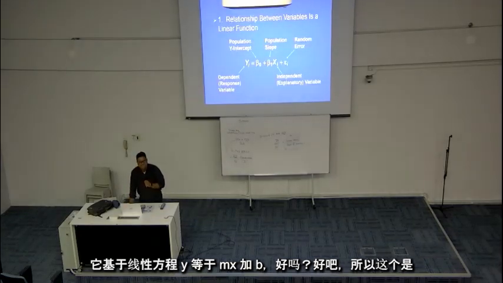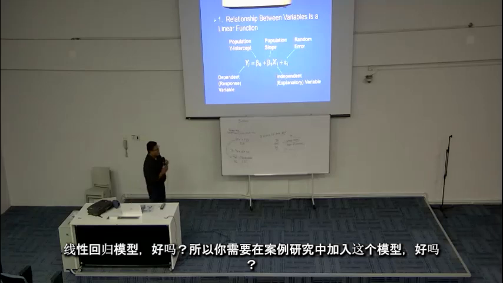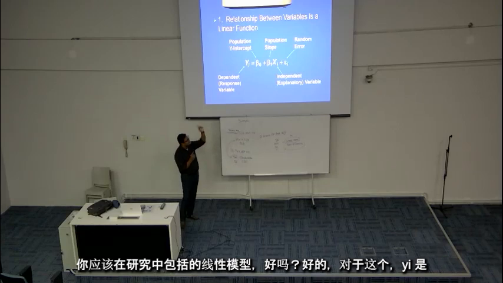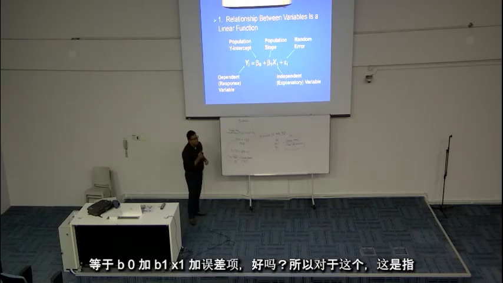So this one is the linear regression model. You need to include the model in your case study. The model for the linear regression you should include in your study. For this one, yi is equal to b0 plus b1 x1 plus error term.